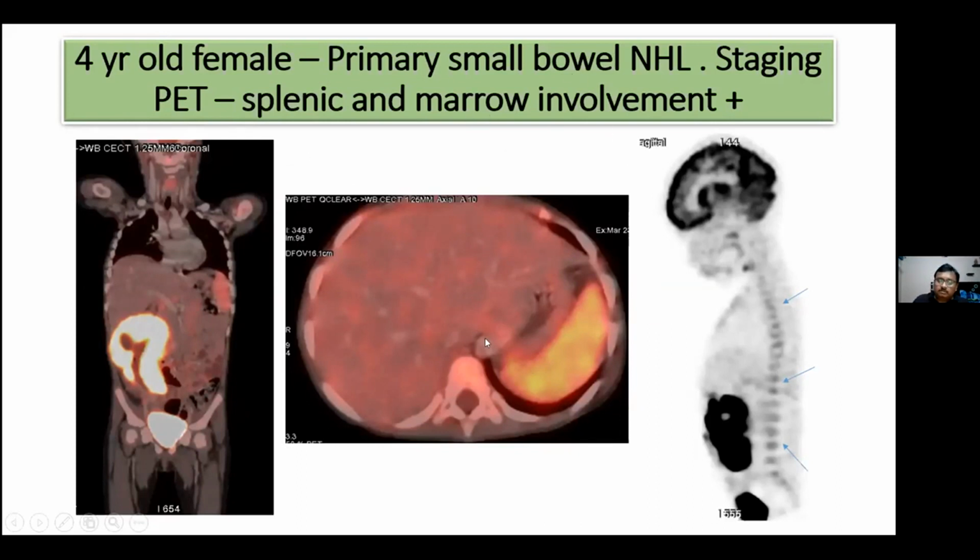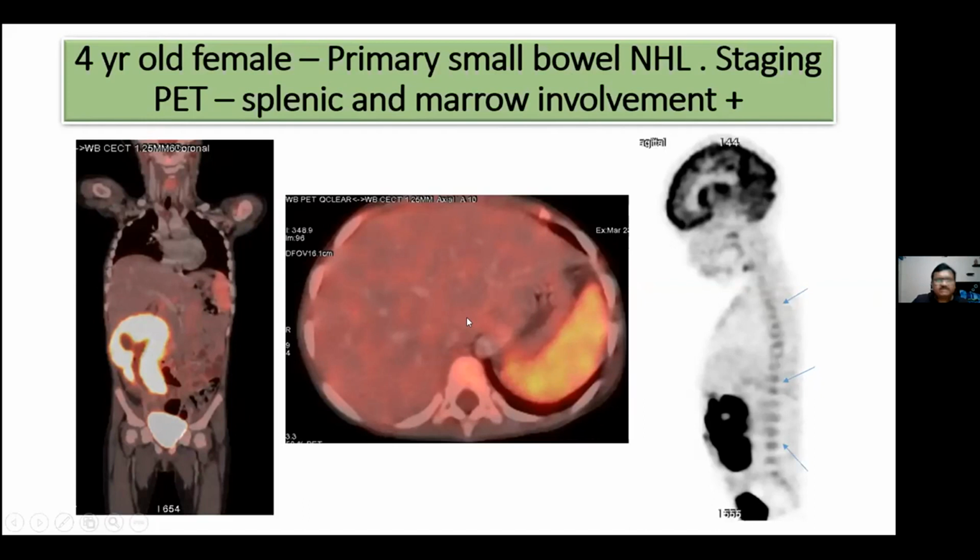When this comes post GCSF, post stem cell, post other things, I can still think that the spleen is probably shining because of those factors. No. At staging, that means the splenic involvement is there. And when I see the spine, I can see there is inhomogeneous and increased uptake in the marrow. This is suggestive of splenic as well as marrow involvement in a primary. This was a jejunal lymphoma.